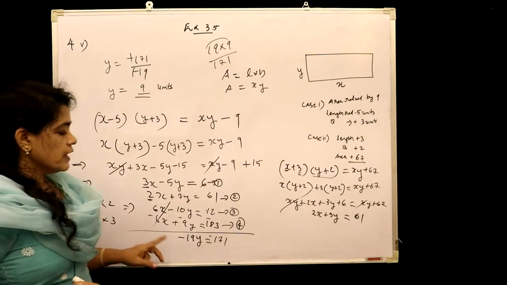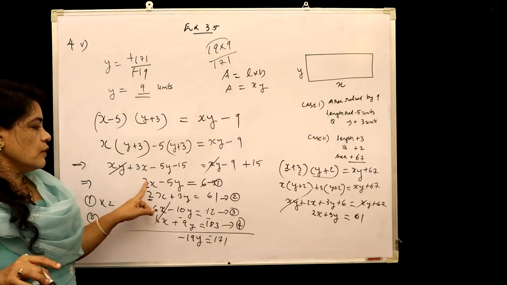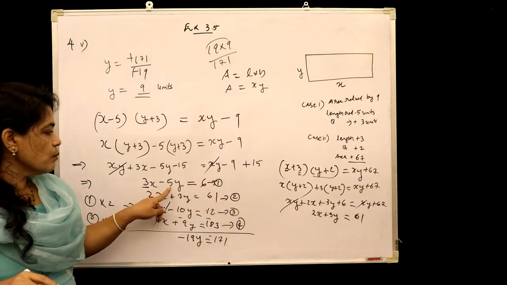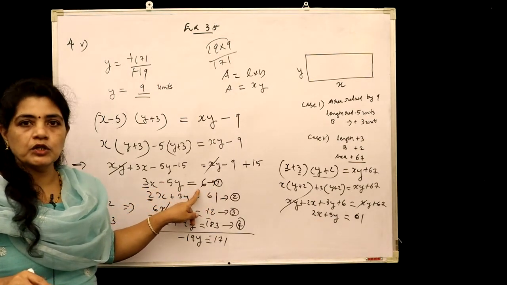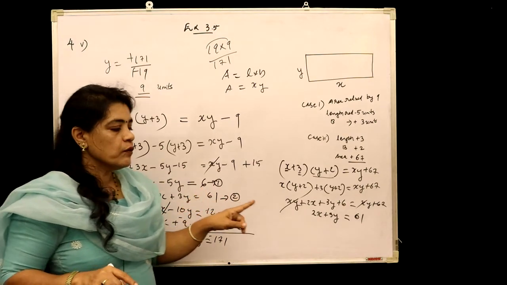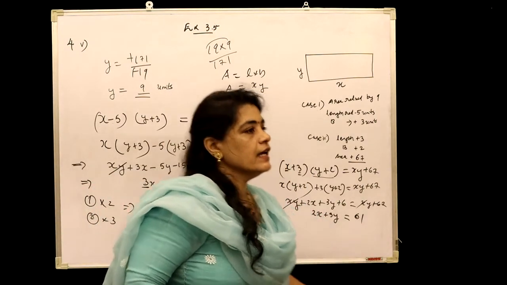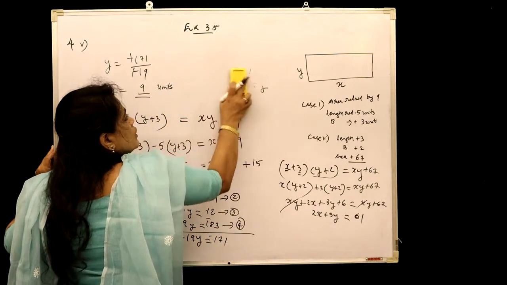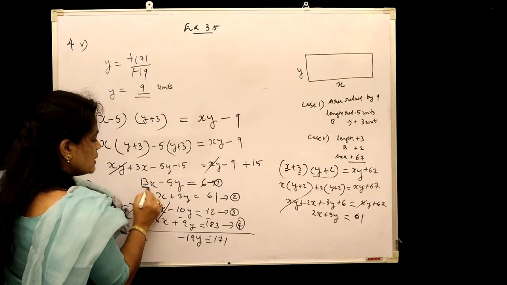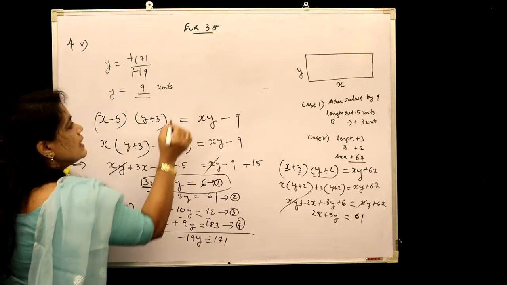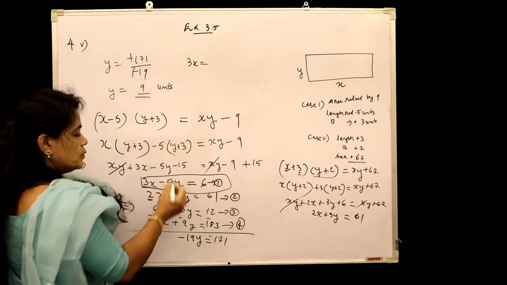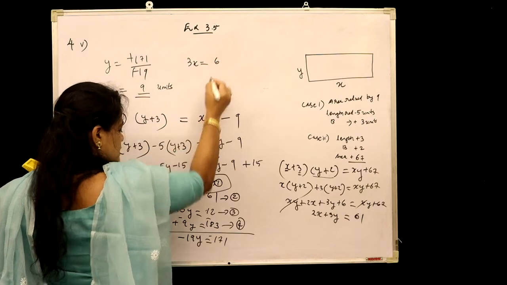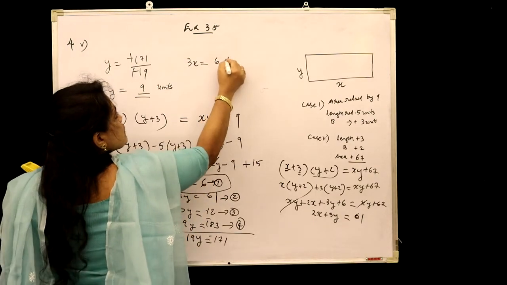Okay, in order to get x, you can substitute in equation 1. What is the first equation? 3x minus 5y is equal to 6. So from equation 1, 3x is equal to 6 plus 5y, since minus 5y becomes plus 5y.